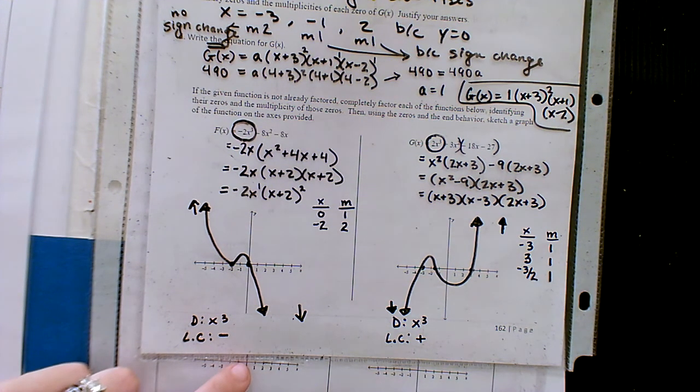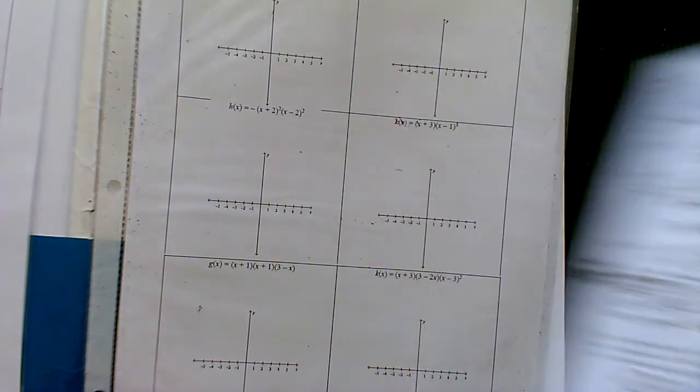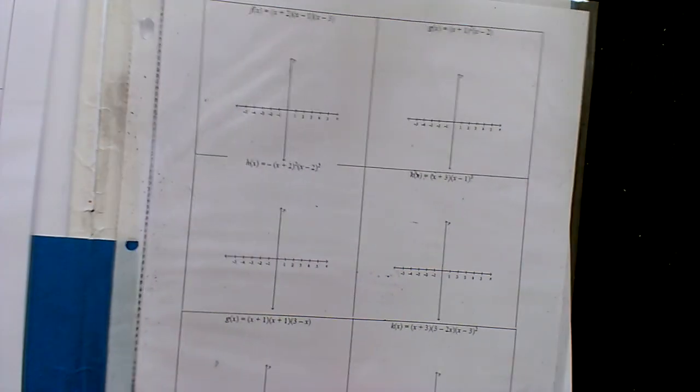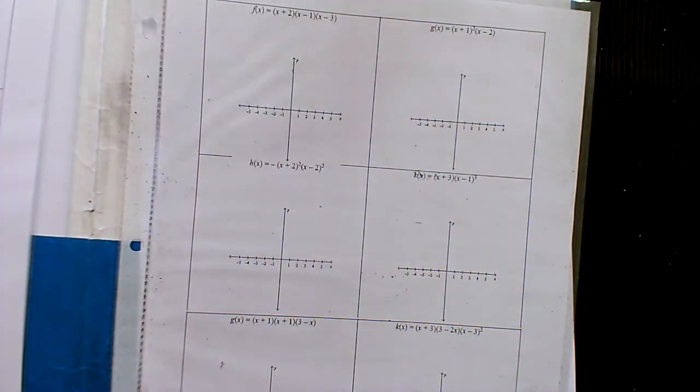We hanging in there? We're going to switch things up a bit. These next few are going to be a little bit nicer because they're already factored for us, so we don't have to do that extra step to help us find the x-intercepts.